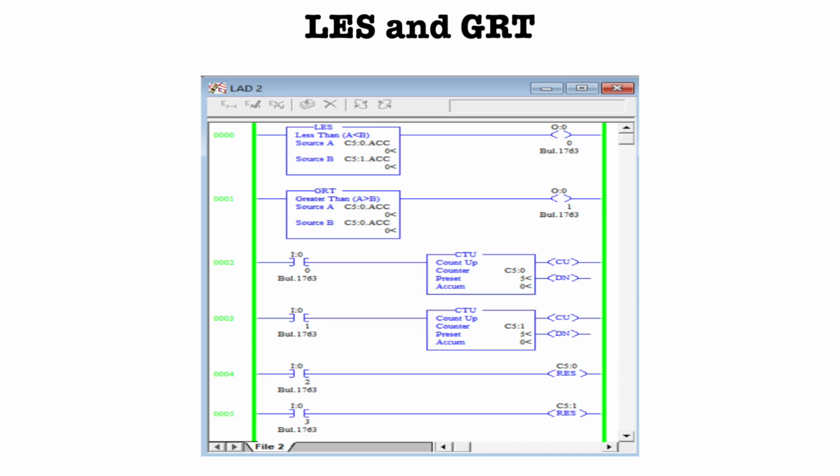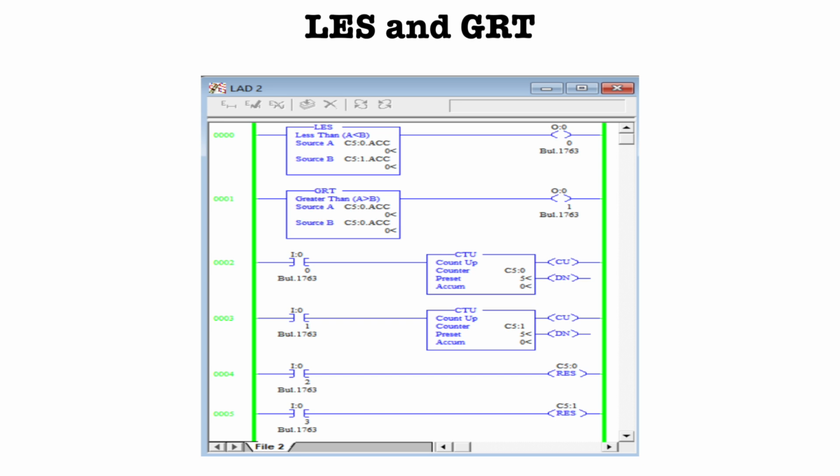You can see in the diagram, the LES instruction also takes two inputs, source A and source B. So I'll provide the first counter and the second counter: the first counter accumulator as source A and the second counter accumulator as source B. At the same time, you can see the greater than instruction also takes two inputs, source A and source B. For source A, I am providing the first counter accumulator value, and for source B, the second counter accumulator value is provided, right?